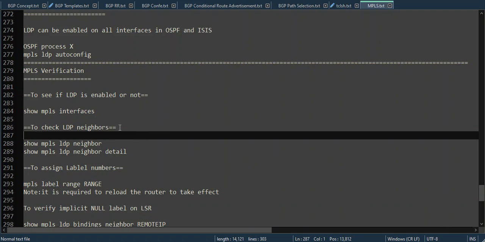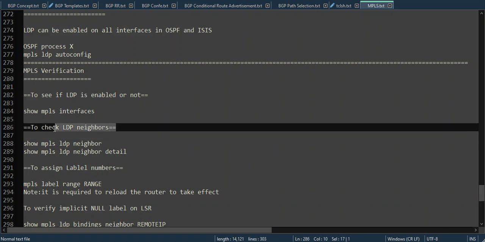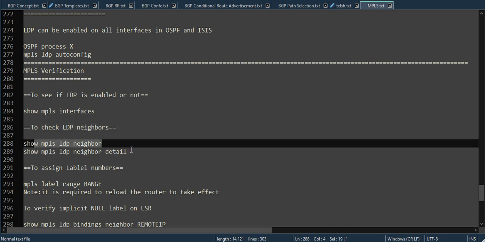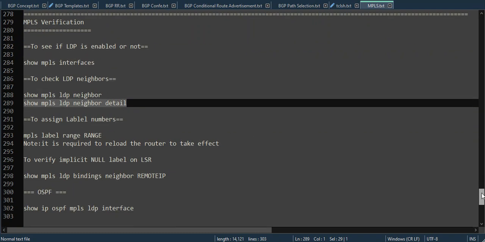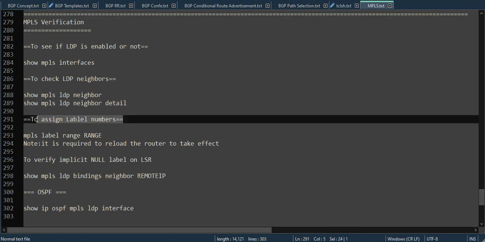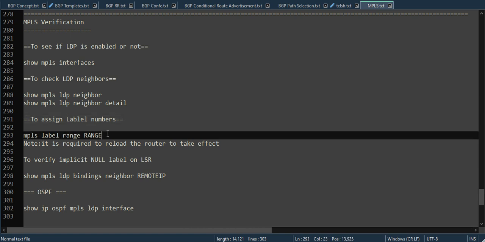And to check our LDP neighbors, we can use show mpls ldp neighbor, show mpls ldp neighbor detail, and to assign label numbers, we can use mpls label range. To take effect, it is required to reload the router.